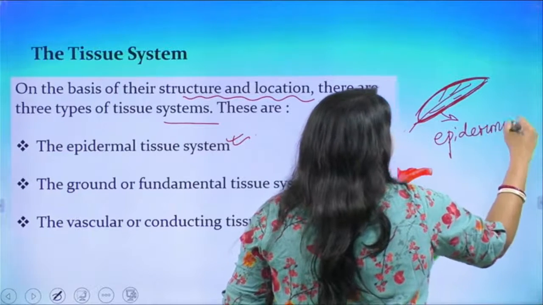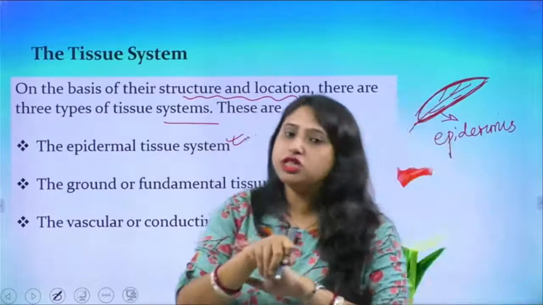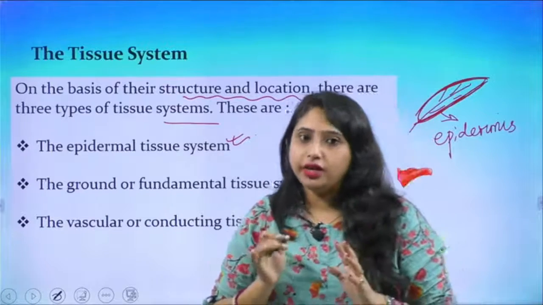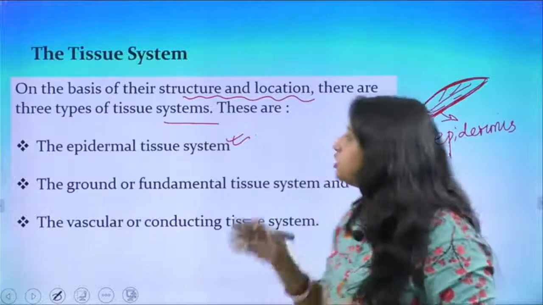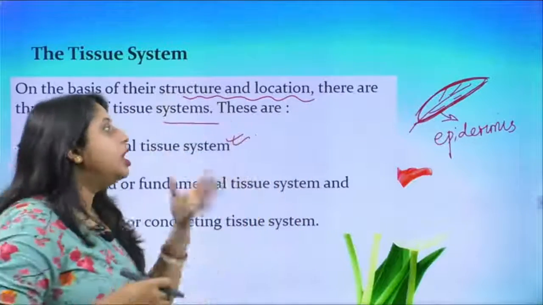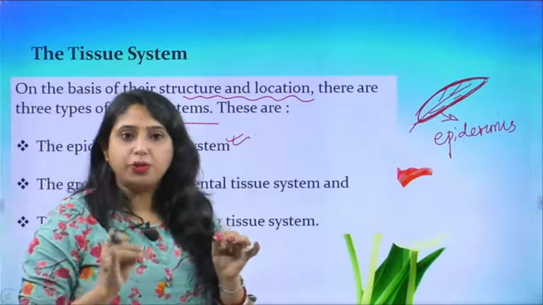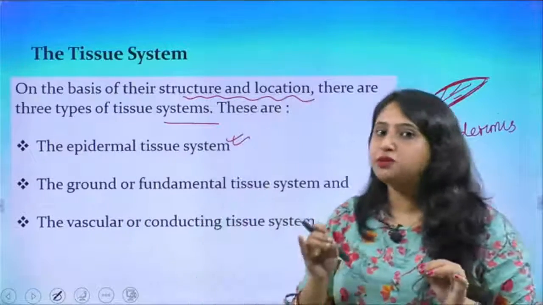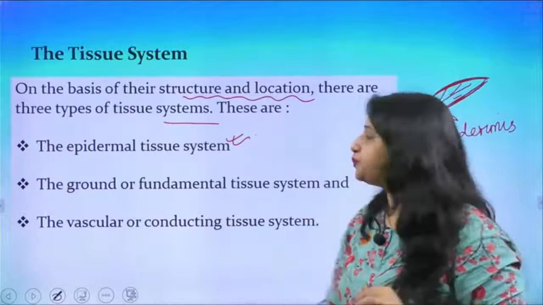For example, in our skin, the outermost layer is the epidermal layer, where we have epidermal tissue. Similarly in plants, any outermost part such as leaves, flowers or fruits is called the epidermis, which provides protection.